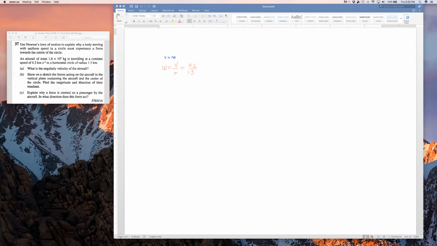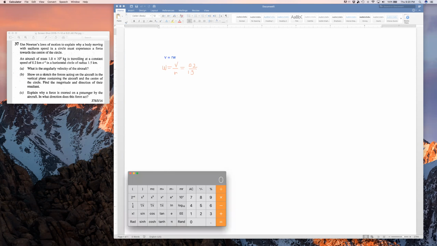All right, let's pull up a calculator here. 0.2 divided by 1.5 equals, right? So we get the answer of 0.13.